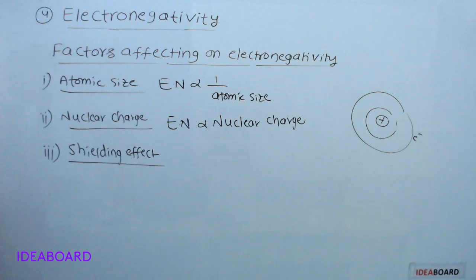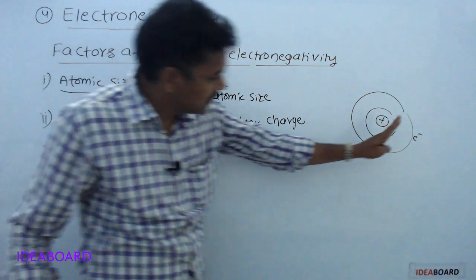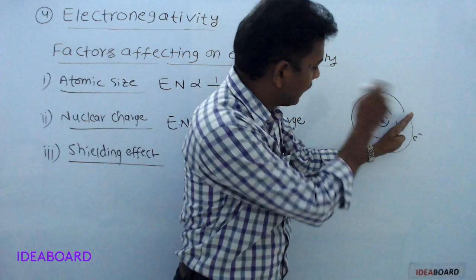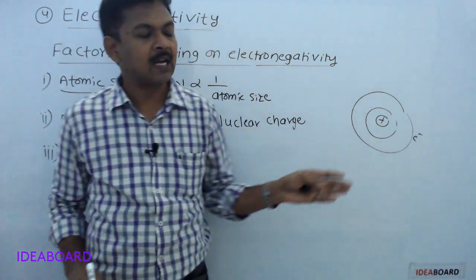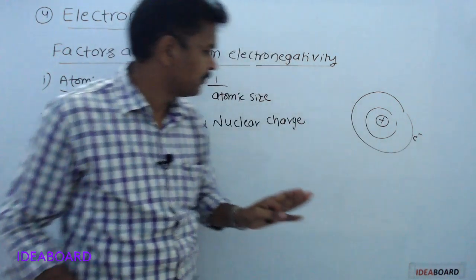If the shielding effect is more, the tendency of an atom to attract electrons will be less.